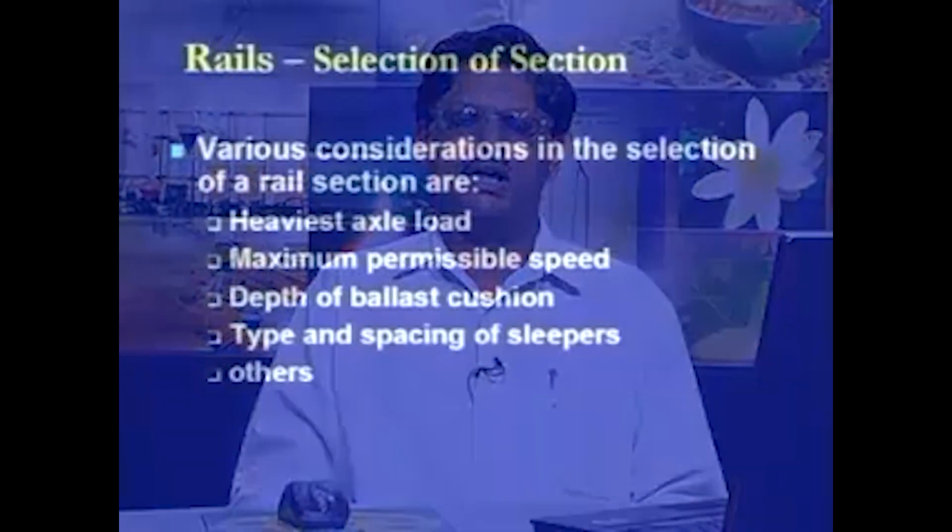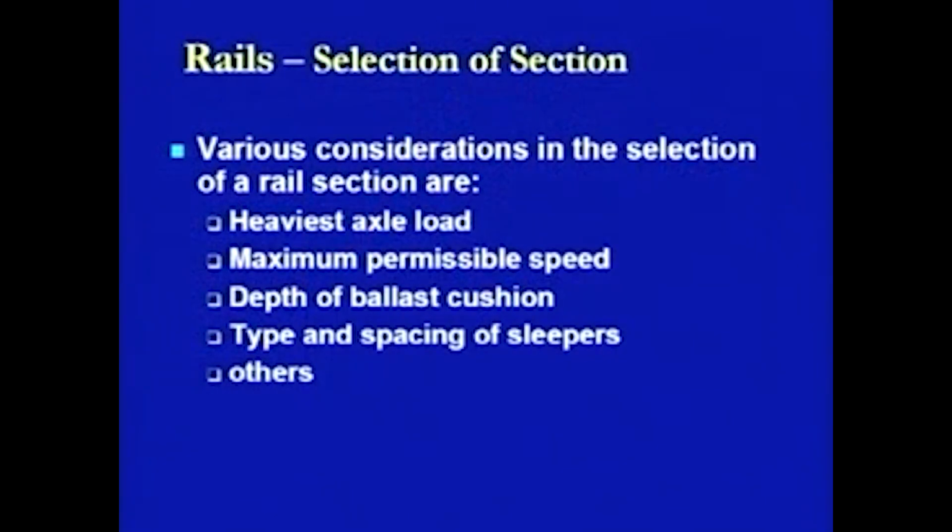We will be looking at that. The maximum permissible speed is another aspect. If we have to provide higher speeds, we require a better, higher level of rail section. Then, what is the depth of ballast cushion? If the depth of ballast cushion is lesser, then obviously a bigger rail section is to be provided. Then the type and spacing of sleepers is another aspect.